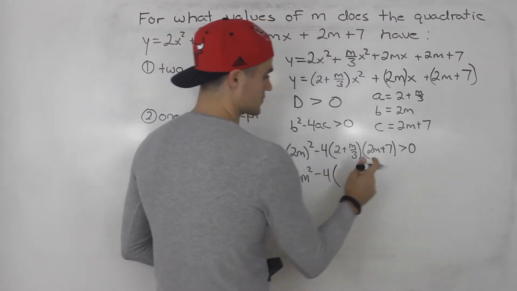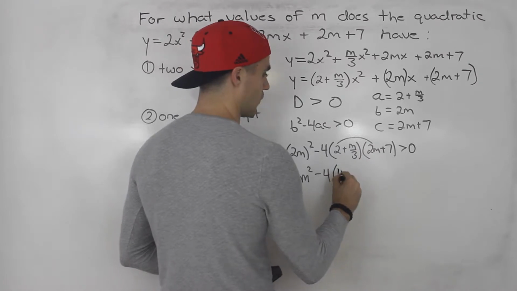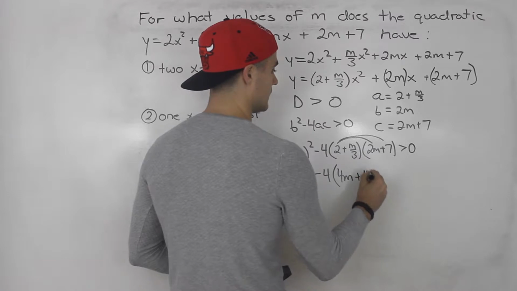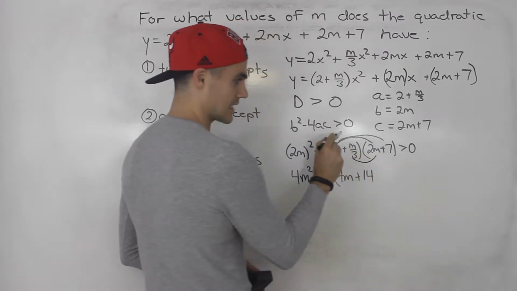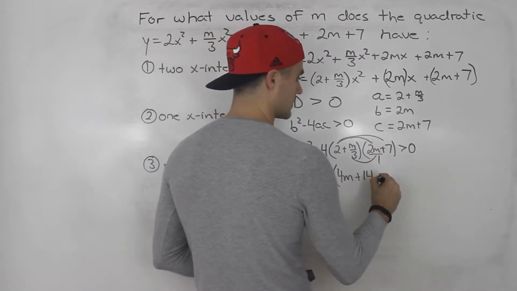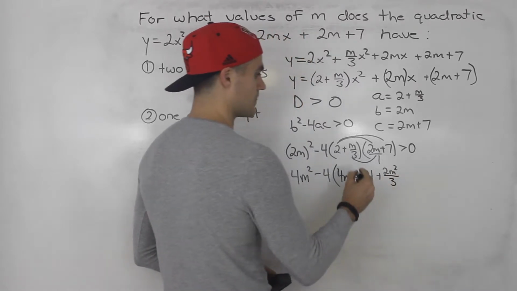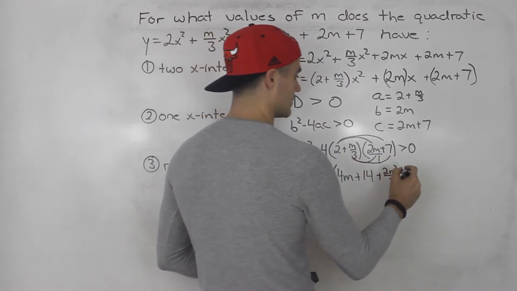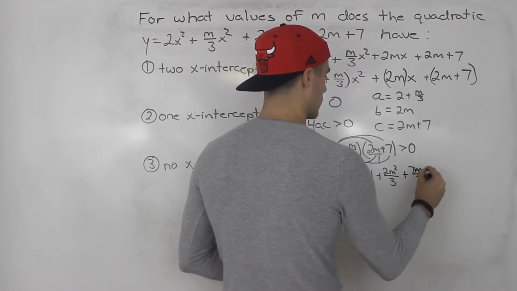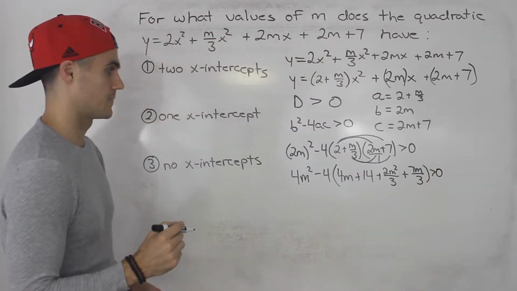And then what we're going to do here is FOIL. 2 times 2m gives us 4m. 2 times 7 gives us 14. m over 3 times 2m, this is like 2m over 1, so 2m times m gives us 2m squared, and 3 times 1 is 3. Then m over 3 times 7 is like 7m over 3. We have to find when that is greater than 0.